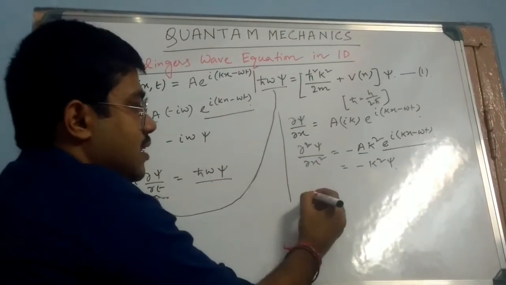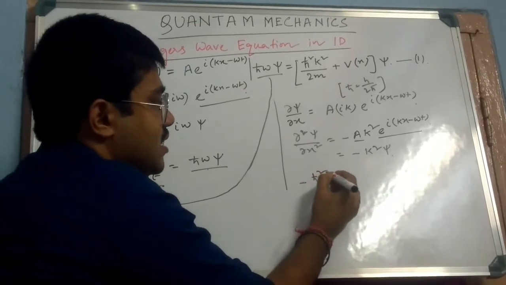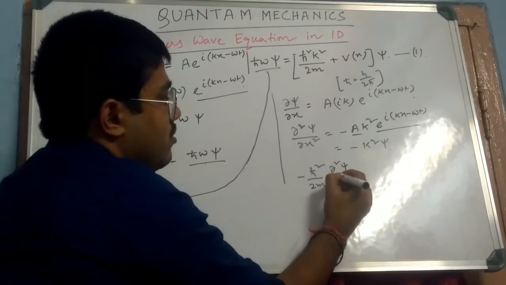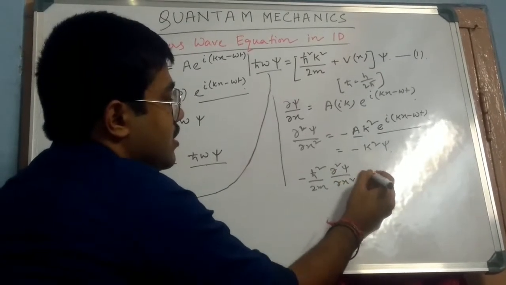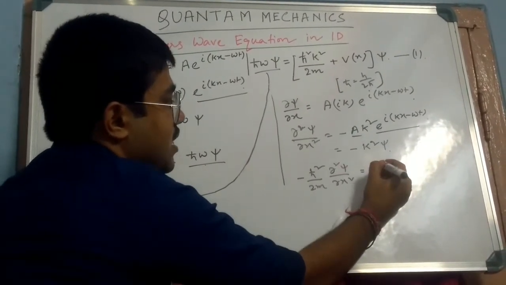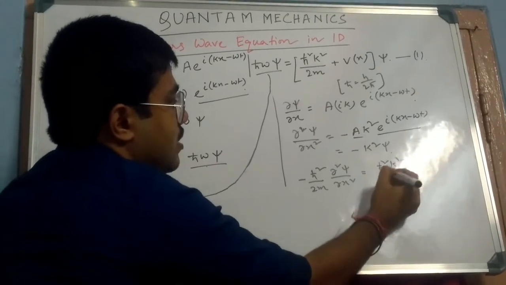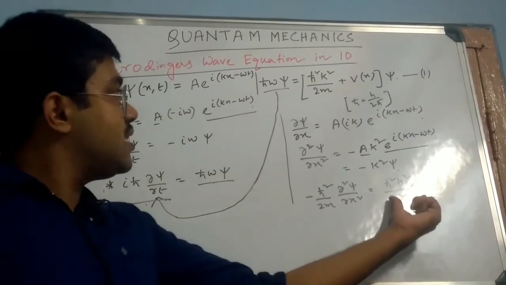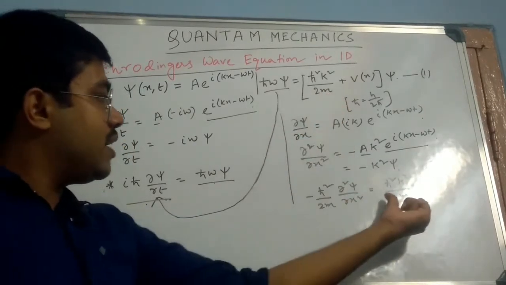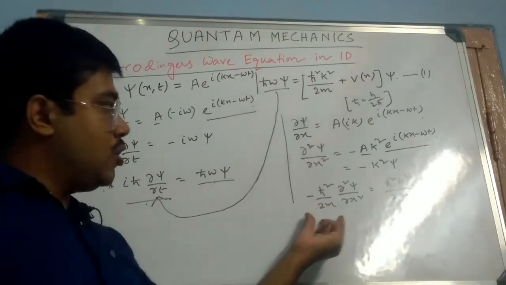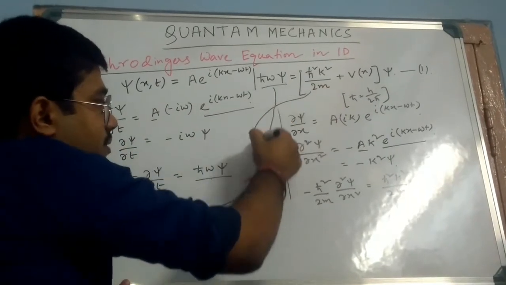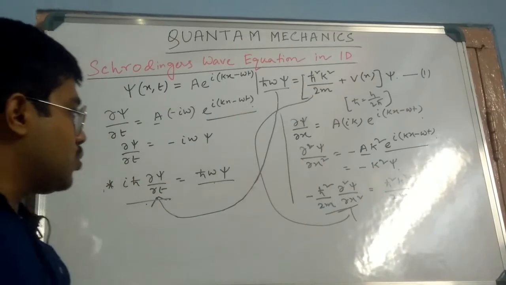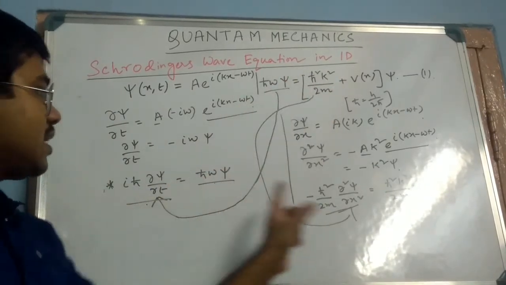Now remember, we have to multiply the left hand side by minus h cut square by 2m. So what will we get on the right hand side? Minus and minus gives me plus h cut square k square by 2m into psi. So we found this term, and we can replace these two terms by this and this.